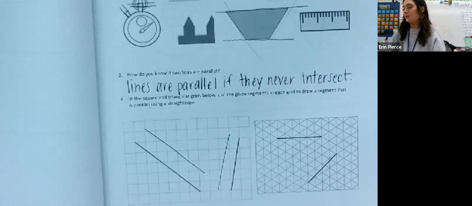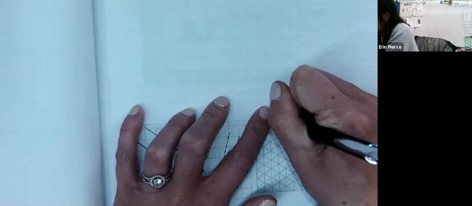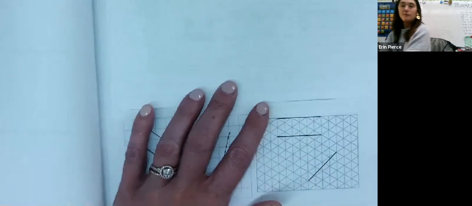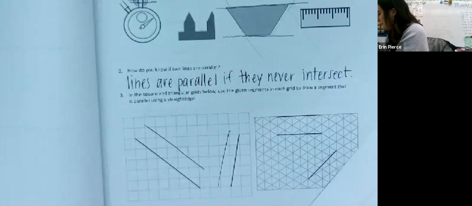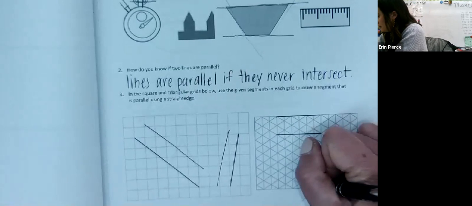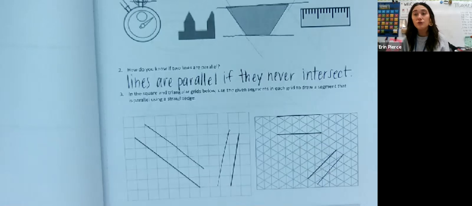That one might end up crossing eventually. This one's kind of easy because I can use that top line. And then maybe this last one, ooh, that one's kind of hard. But try my best to draw a set of parallel lines. You do that as well before we move on to page 26.